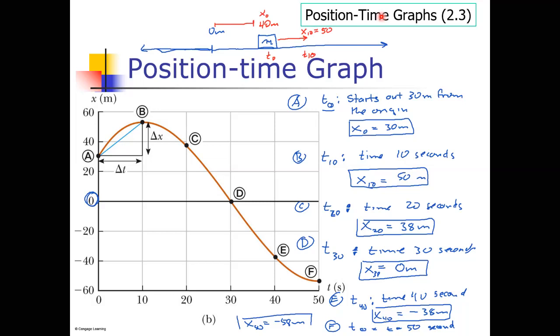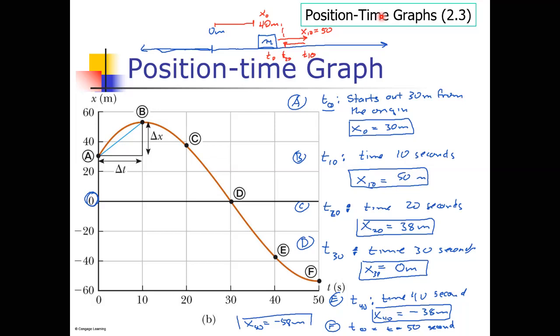He turns around, and then he ends up at a position here, and this was time 20 seconds at point C. Let me draw the dash line real quick. That is about 30 meters.